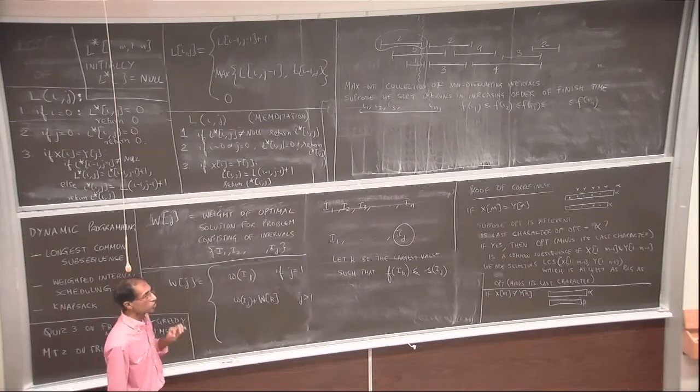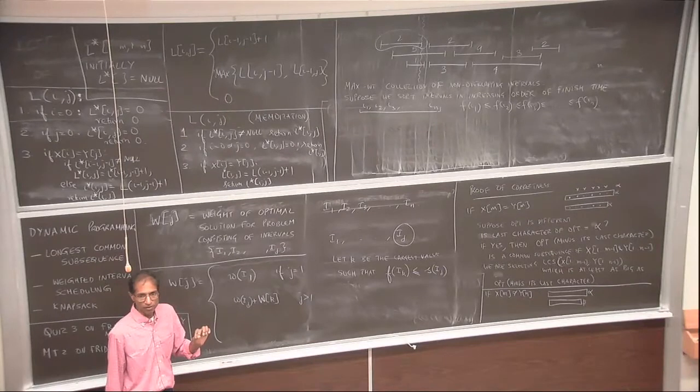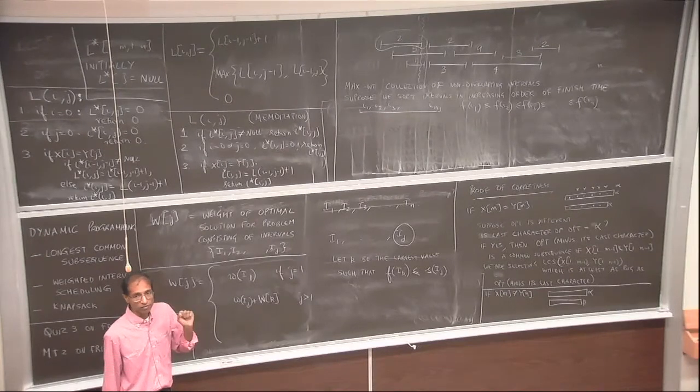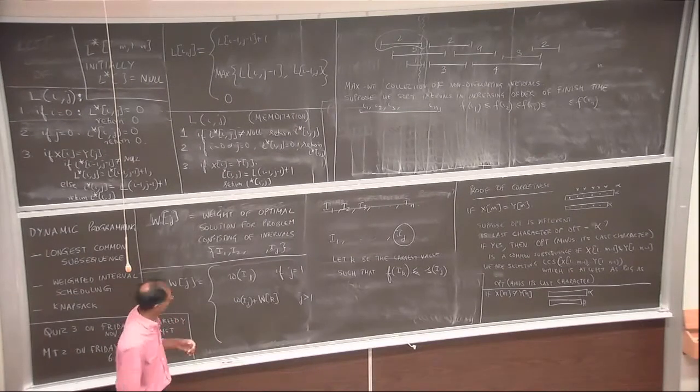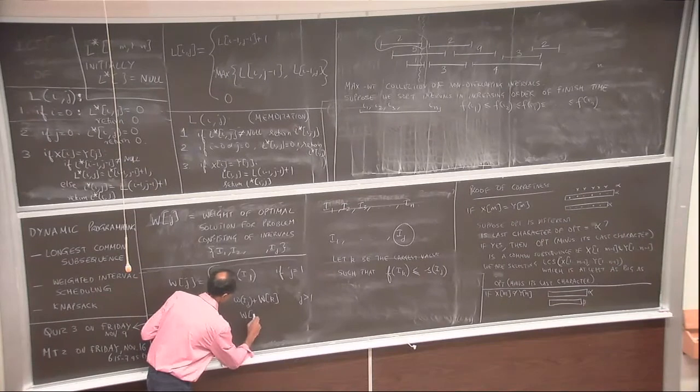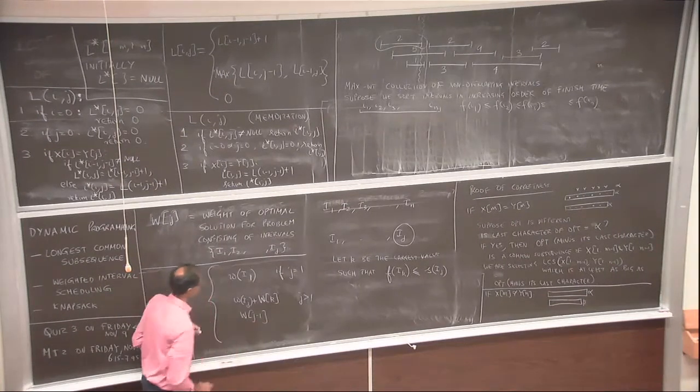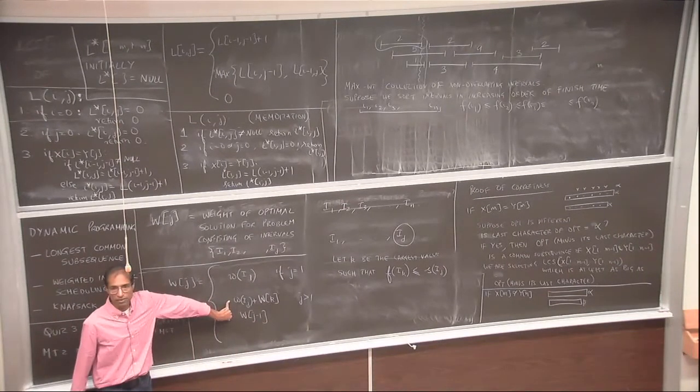If I decide not to include Ij, then what's my remaining problem? W of j minus 1. So there are two possibilities. What do I do? Take the max of the two.